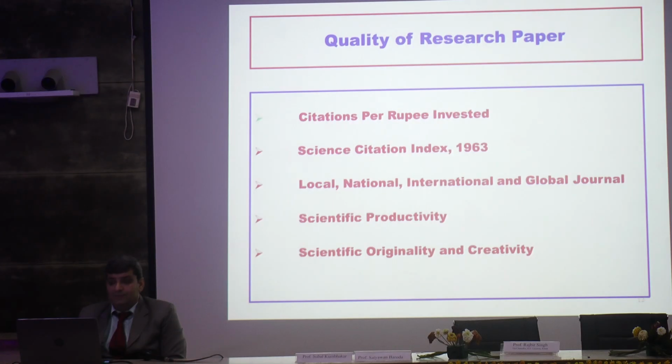So these are some indicators used for measuring scientific productivity, scientific originality and creativity. And for measuring originality and creativity, we have now started to check plagiarism, and the university has subscribed to software. You have authored an essay.